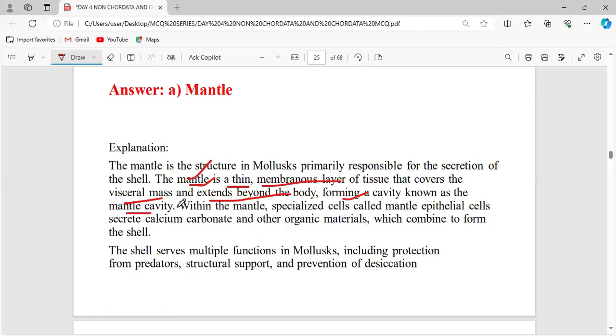And one more important thing, this will be your previous year question. Within the mantle, there are specialized cells called mantle epithelial cells. What type of epithelial cells can we see in the mantle?